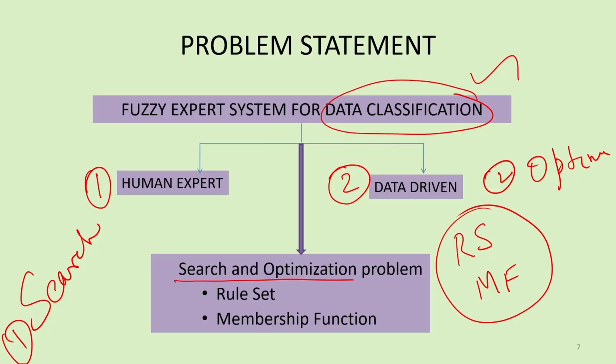So when you want to design a data classifier model using fuzzy logic, you cannot get the rule set and membership function from the expert, because for plenty of data sets and unexplored application domains, experts are not available.